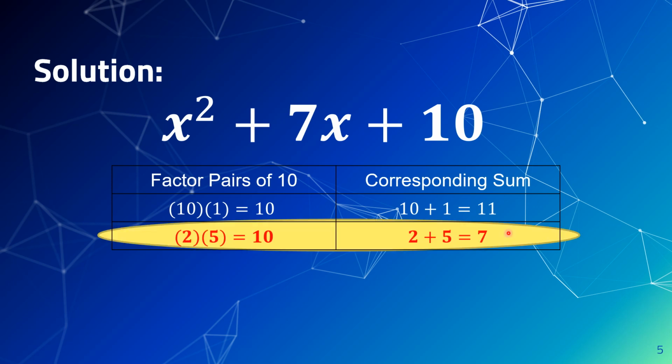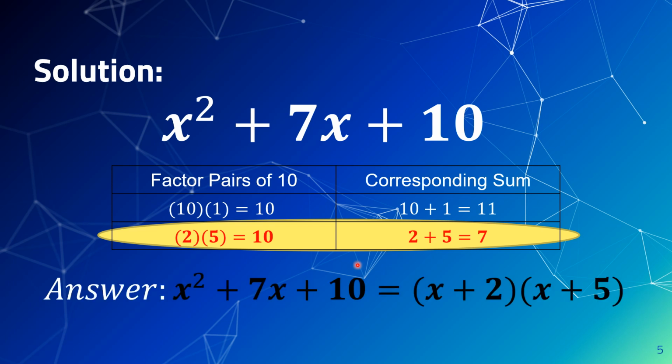Therefore, the factored form of x squared plus 7x plus 10 is the quantity x plus 2 times the quantity x plus 5. Or you can interchange these two, which is also correct: the quantity x plus 5 times the quantity x plus 2.